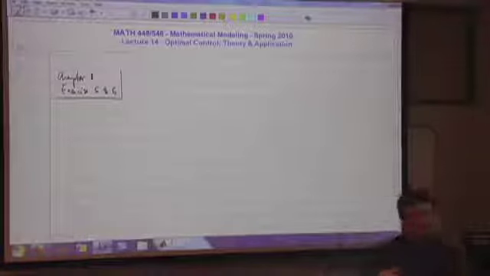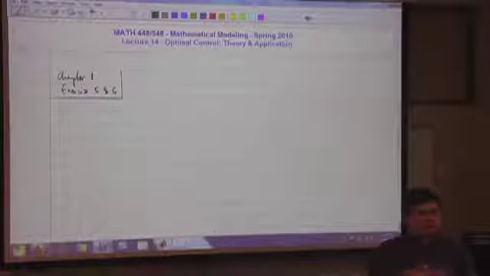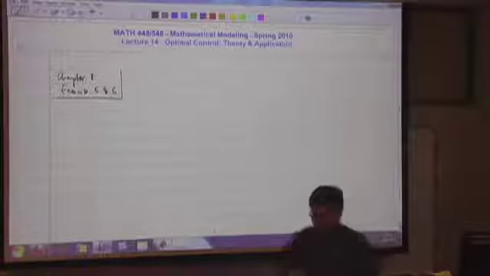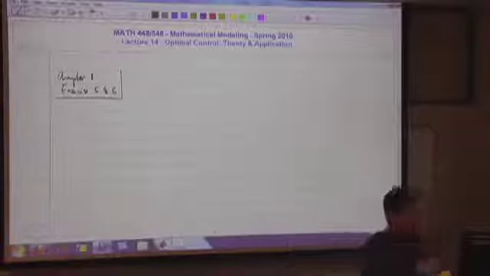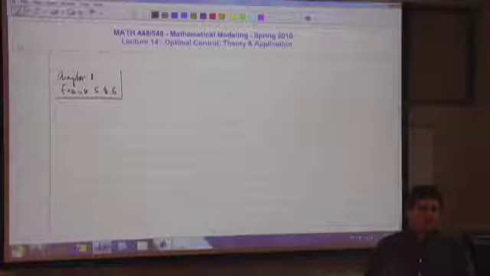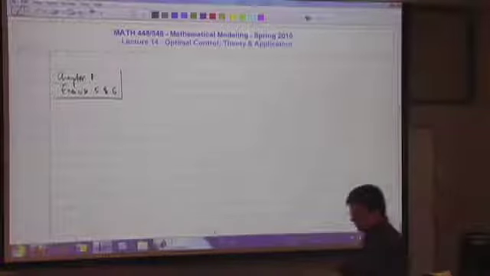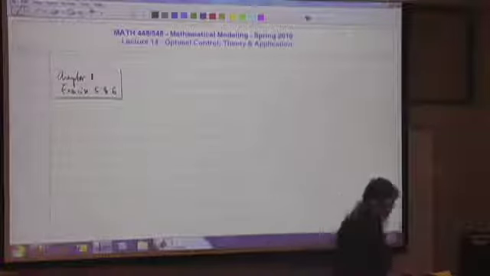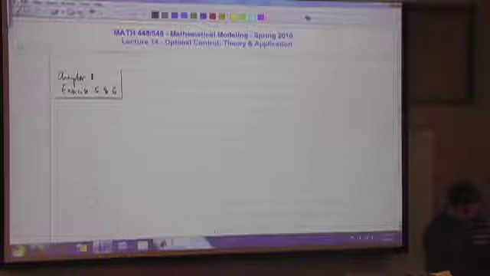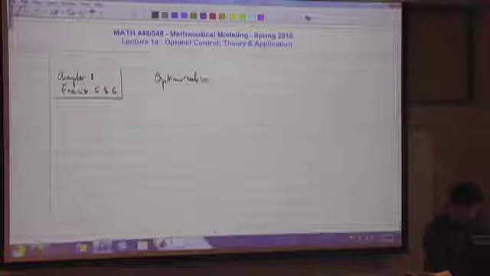But in addition to that, we're going to have some sort of control on that dynamical system. And we're going to control that dynamics so that a certain objective is satisfied, or is maximized, or is minimized. Okay? So you can think about this new chapter as optimization in dynamical systems.